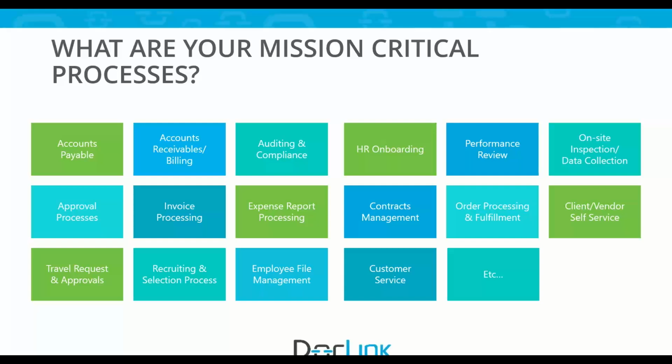Is it in accounts payable? Is it in accounts receivable or customer service and bringing in customer purchase orders? Is it in human resources? Does it involve something like a travel request? There are many ways. Contract management is another very strong capability of DocLink.